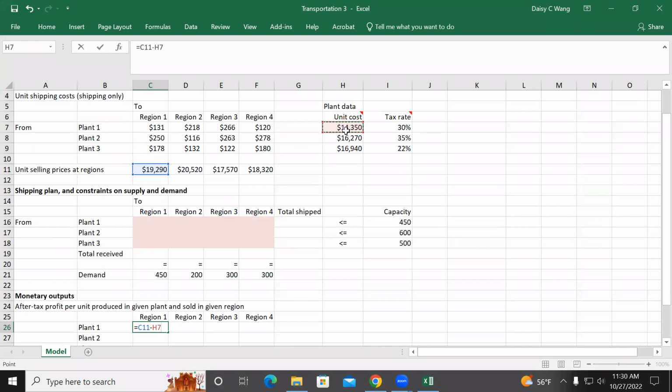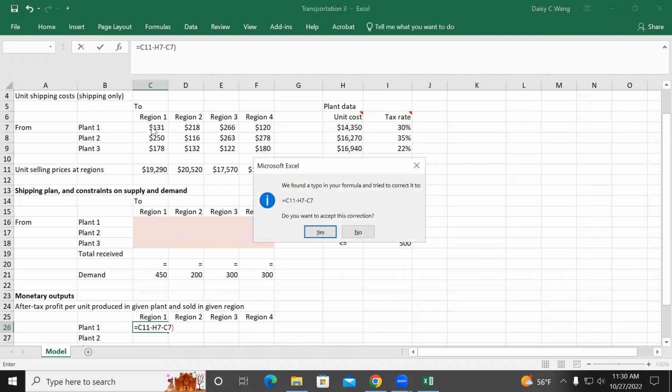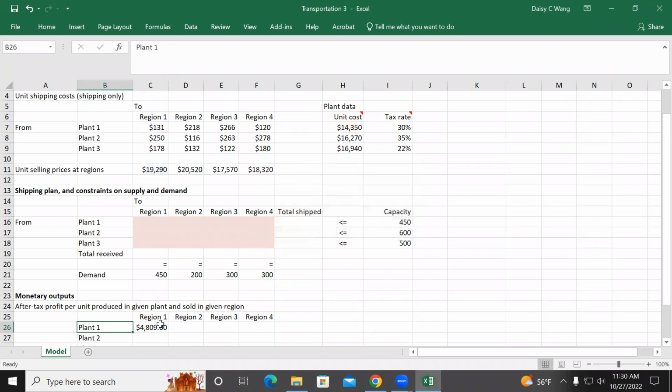And then minus the shipping costs. But this will be our revenue, and then we also need to calculate the tax rate. So the whole thing, I have to put in parentheses, times 1 minus the tax rate, after tax.